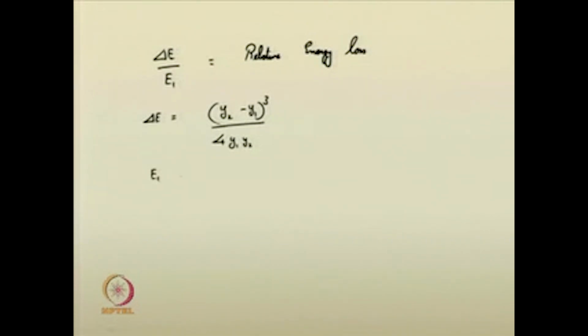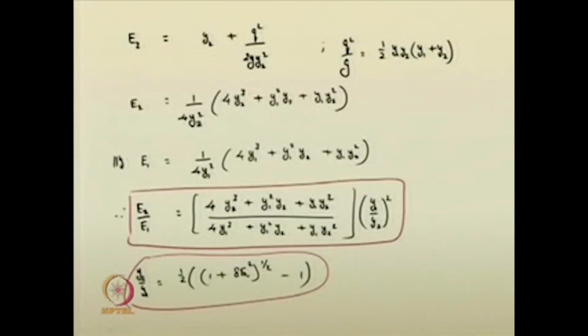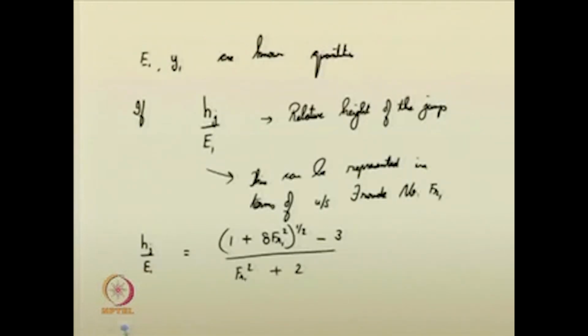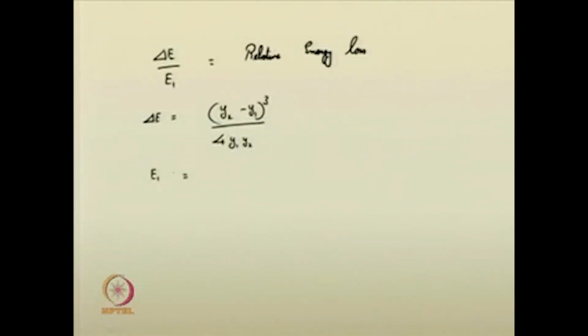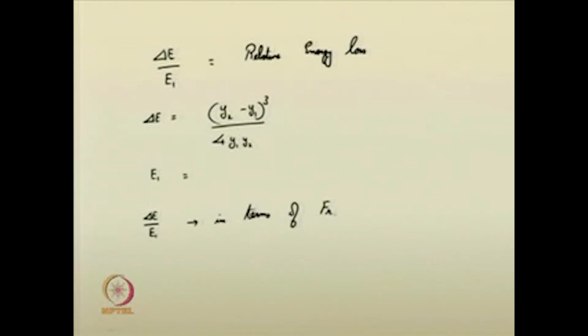And E 1 can also be expressed in terms of y 1 and y 2, which we saw in the previous slide. Substitute those quantities, and you will again get a relationship for del E by E 1 in terms of the Froude number at the upstream section.